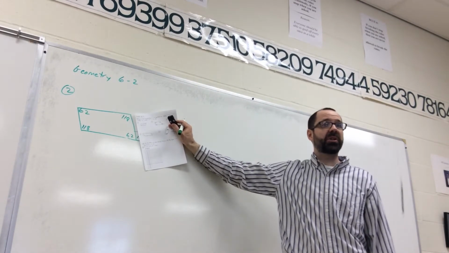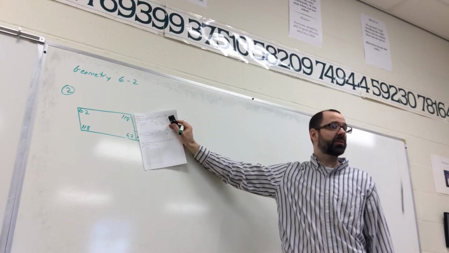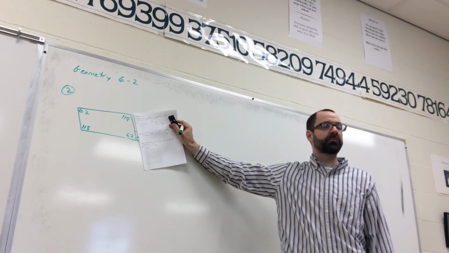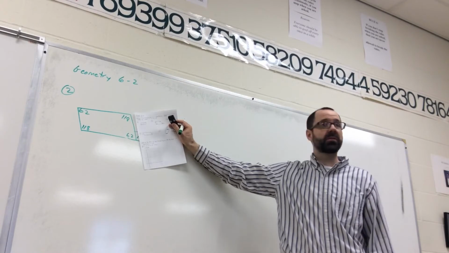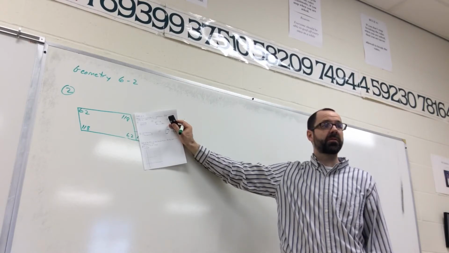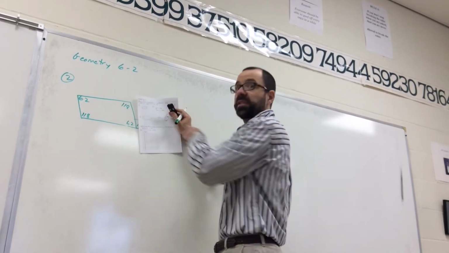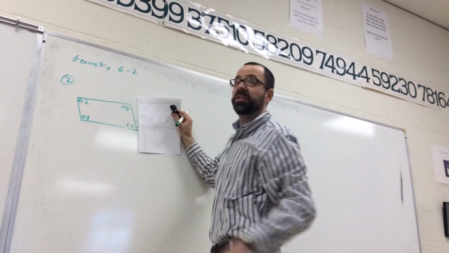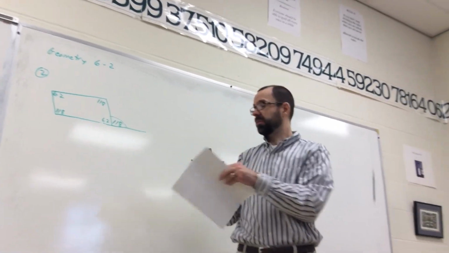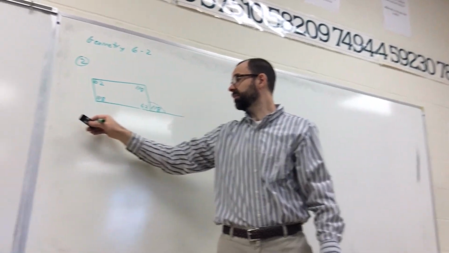Okay, so then how do we know that this is a parallelogram? Yeah, Charlie? Both pair of opposite angles are congruent. Awesome. The 62 is matching up with the 62. And the 118 is matching up to 118. Okay, so this is a parallelogram. The answer is yes.